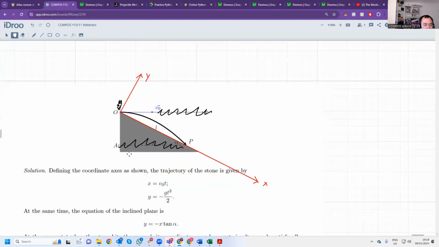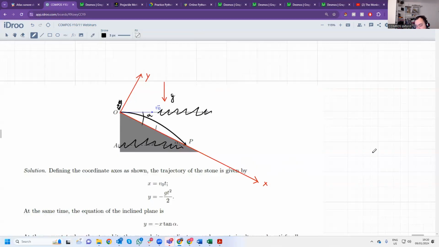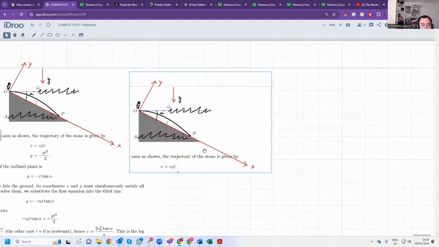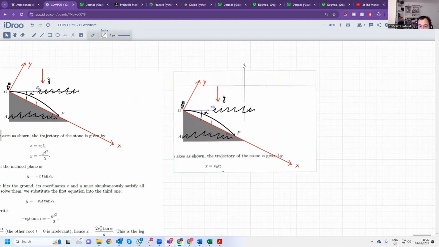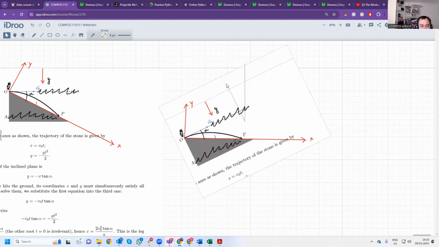Now you have the acceleration. Acceleration is downwards. This is g. And you're shooting at an angle of alpha. So let's take a snapshot and twist it. This is a common practice. This is advanced stuff, so don't worry if you don't fully understand it. So I'm twisting this.